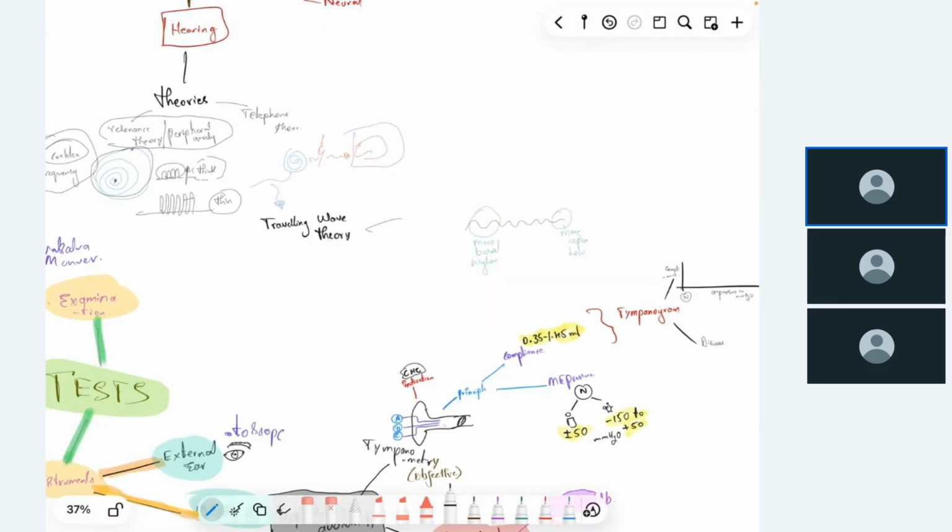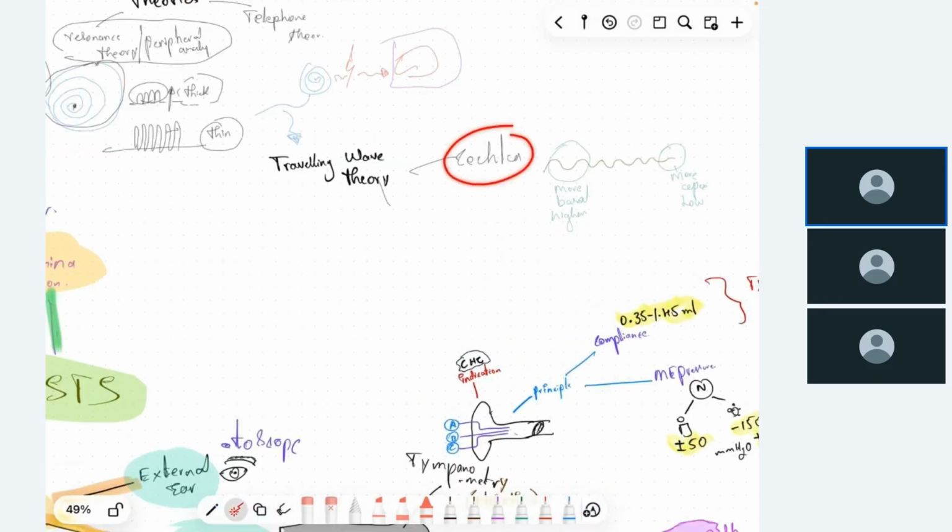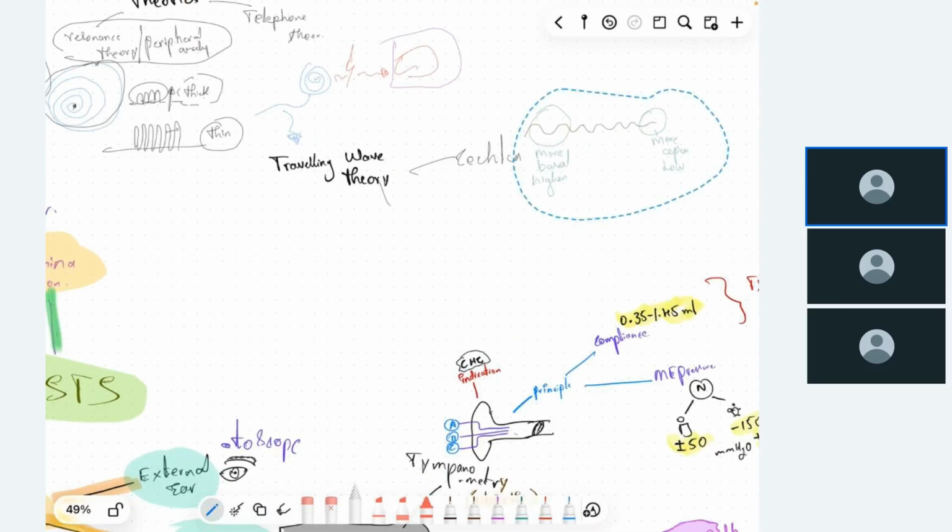And it also goes on to tell that it not only occurs at the level of the cochlea, the recognition of frequency also occurs at the level of the inferior colliculus, the medial geniculate body, which is a part of the thalamus, and also at the cortex, in similar fashion to the cochlea.